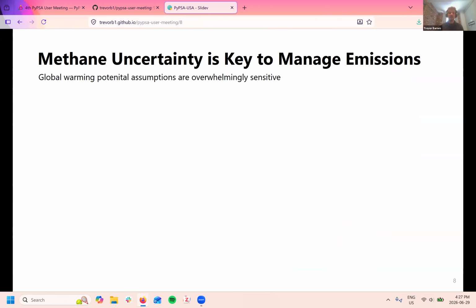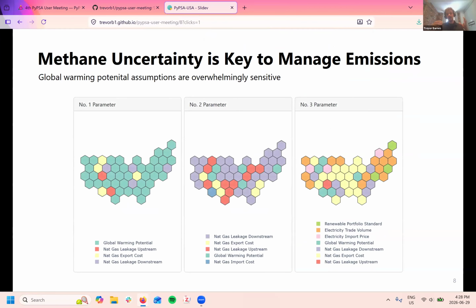The next claim I'll make is that methane uncertainty is key to manage emissions, and I guess the climate impact of emissions. And again, we'll look at a sensitivity analysis hex plot here. This is now showing total emission sensitivity. So what parameters influence carbon and methane results the most?